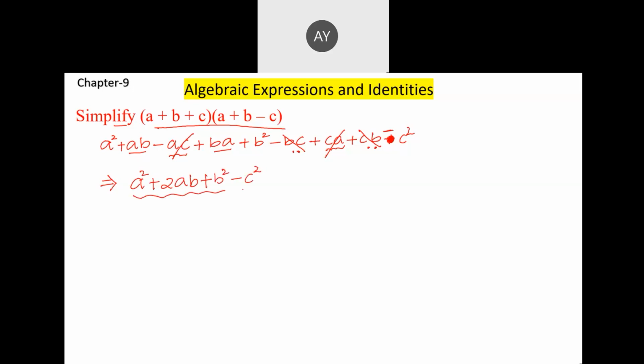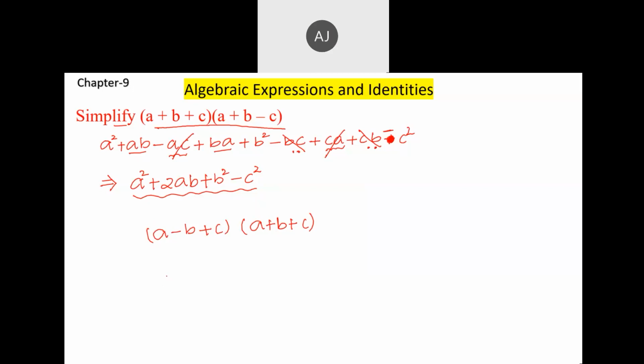Did you get the same answer? Yes, sir. Now if I slightly change the question, A minus B plus C multiplied by A plus B plus C, what will be the result?